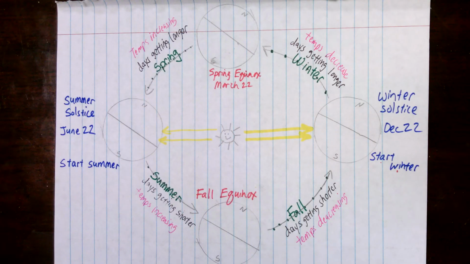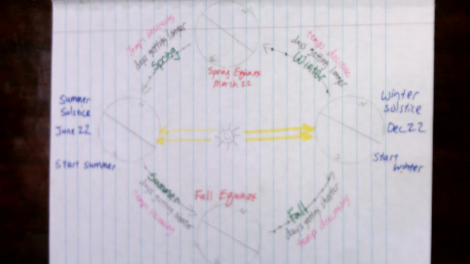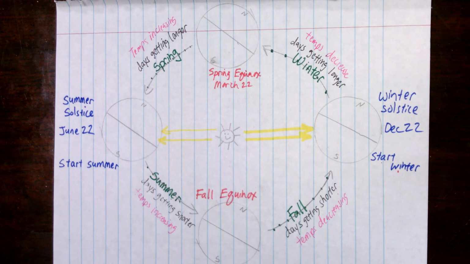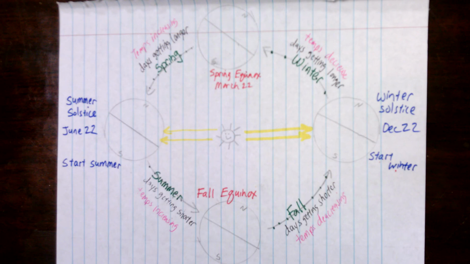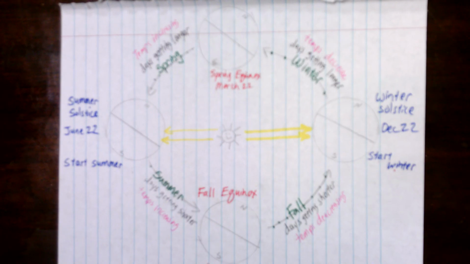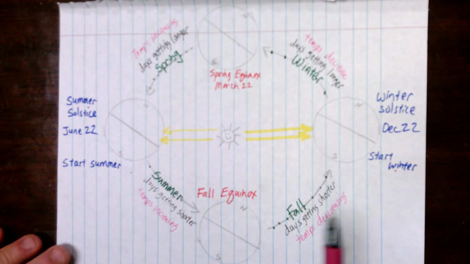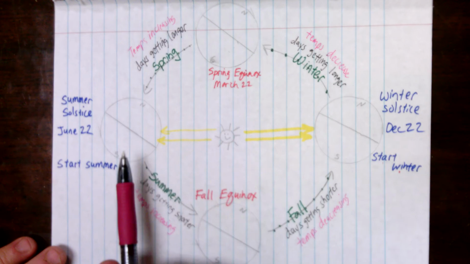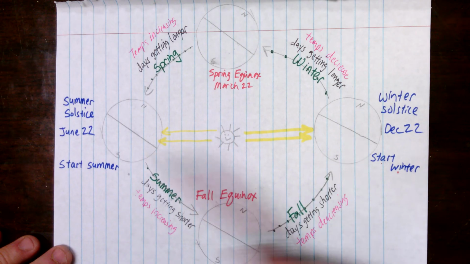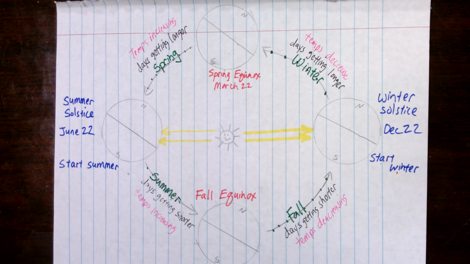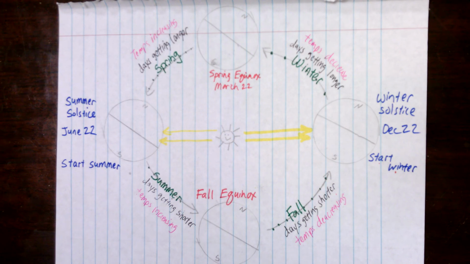Okay, so this is our guide to the seasons and what is happening in each season in terms of the temperature and the amount of daylight versus how the earth is oriented. Is it pointing towards the sun, or away from the sun? Our hemisphere pointing towards the sun or away from the sun.